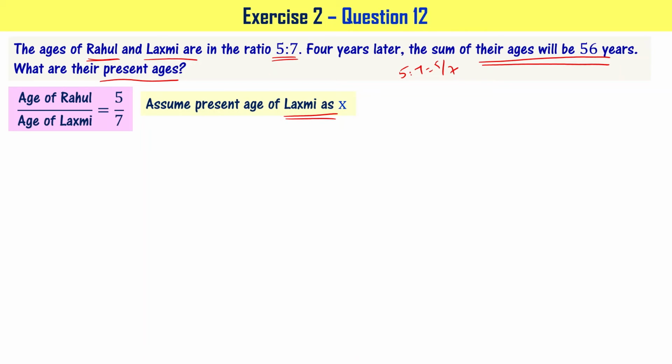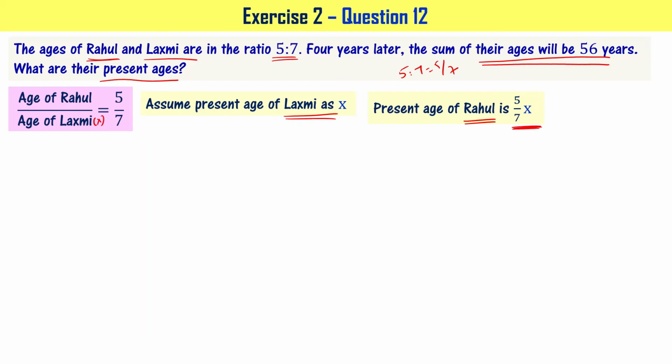Meaning present age of Rahul is going to be 5/7 times x, right? Age of Rahul divided by x equal to 5/7, so present age of Rahul is 5/7 times x.